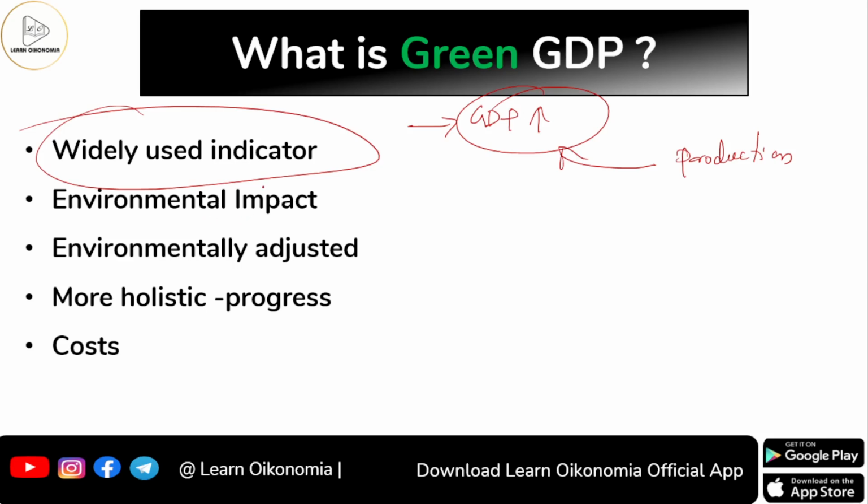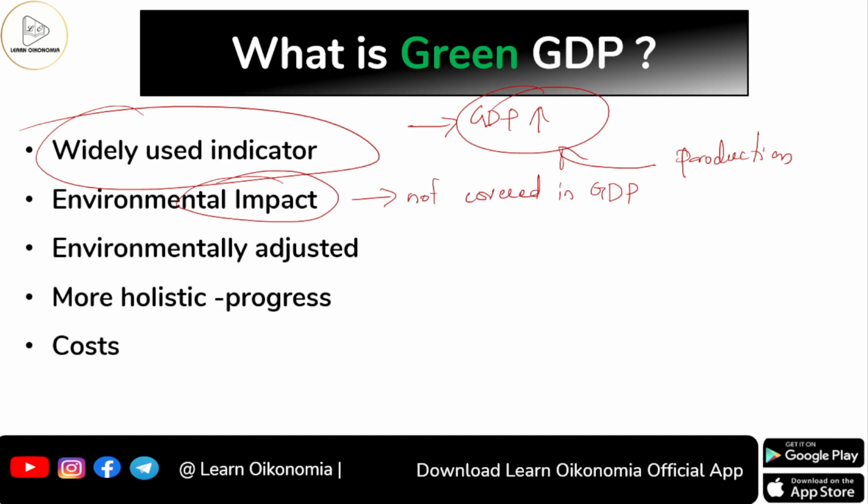So this environmental impact is not covered when we go for our normal, traditional way of GDP calculation. So we are moving for a very new adjustment here, or else we are going for a new method here.